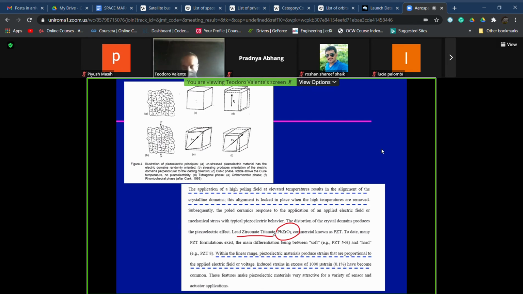So for some of our applications, it would be beneficial if not only ceramic materials belong to the piezo class, and we will see that there are some polymeric materials, essentially one, which are able to show the piezo effect.